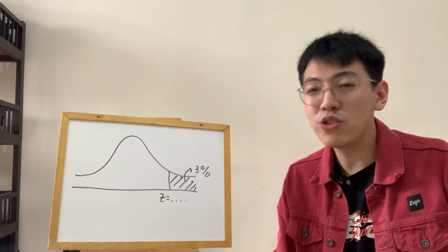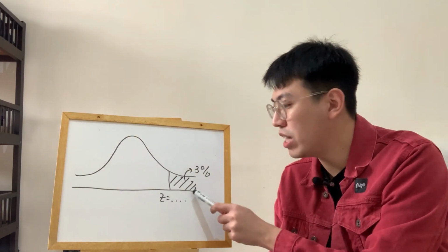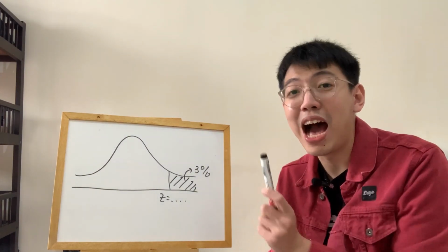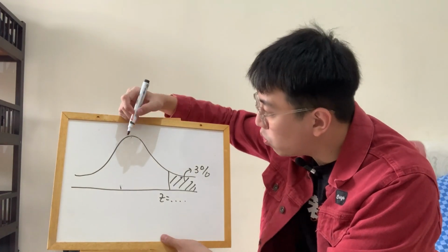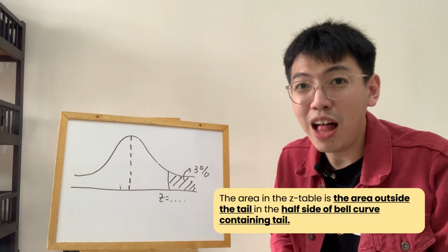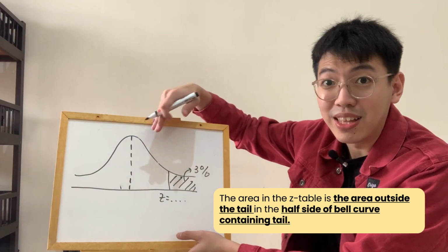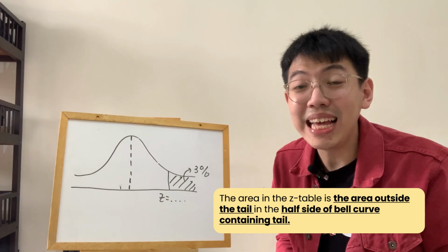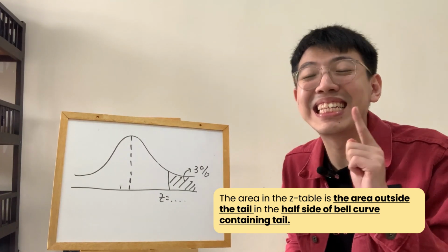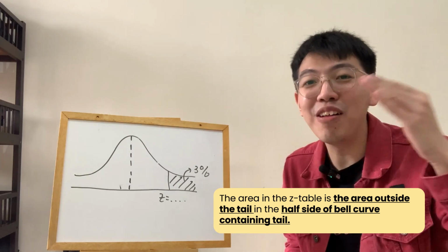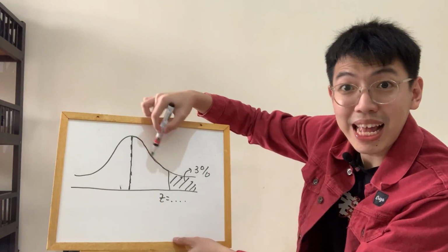Now, if you are asked to find the C, and it is known the area of the shaded is 3%. How to find C? Again, you need to divide this bell curve into two. You choose the half side that contains the tail. It means this side. The area in the C table is the area outside the tail in the half side of the bell curve that contains the tail.